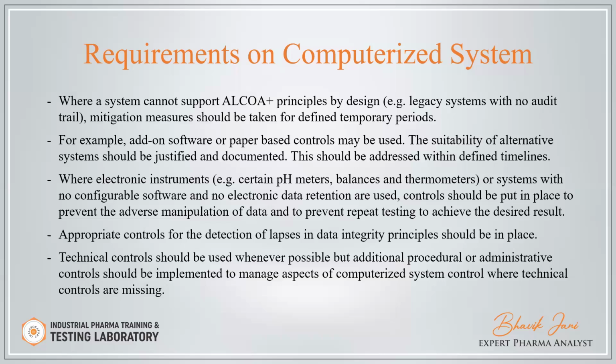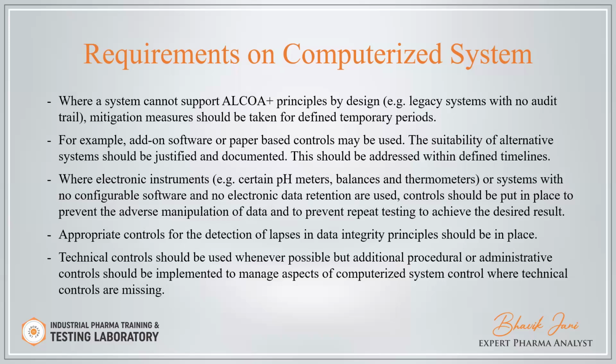Appropriate control on deletion and lapses in data integrity principles should be in place. Whatever lapse is available in your software, it should be controlled by the procedure control. Technical control should be used whenever possible. Technical control means SOP control should be used whenever possible, but additionally procedure or administrative control should be implemented to manage aspects of the computerized system where technical controls are missing.